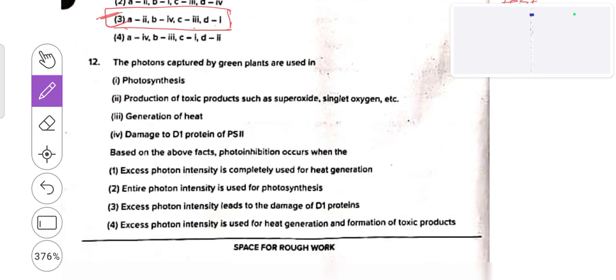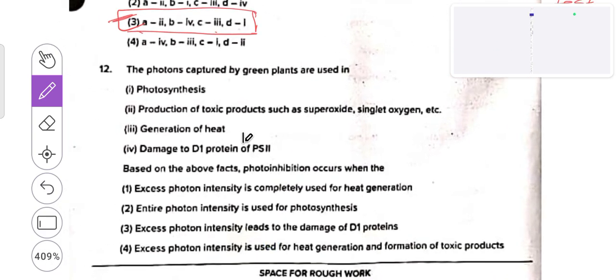Then 12th one. So this one has to be checked once because I have a little confusion. So we'll discuss later.